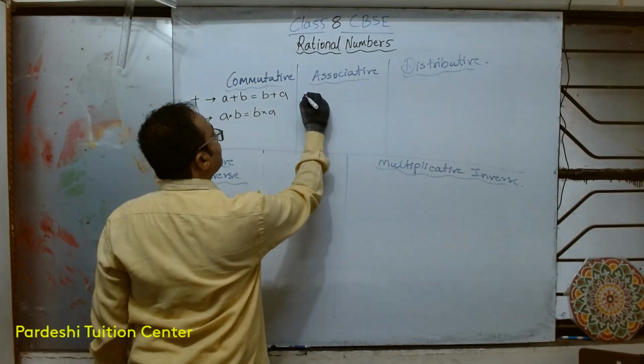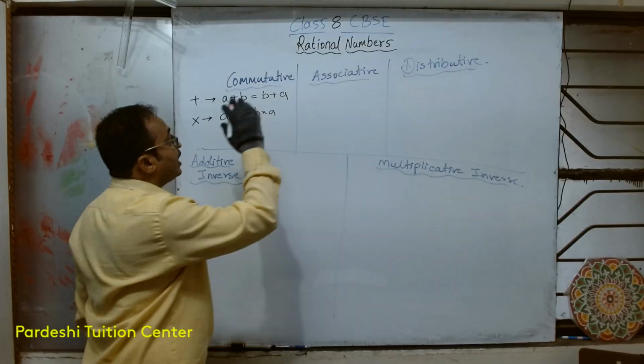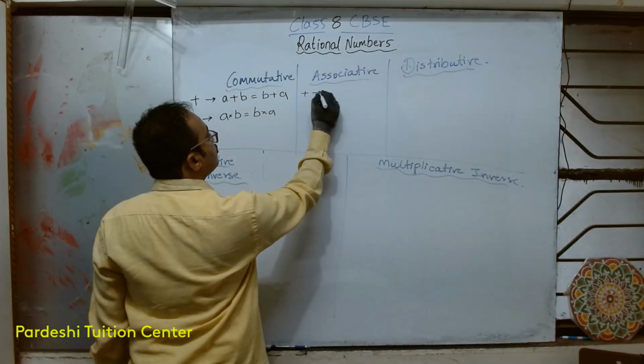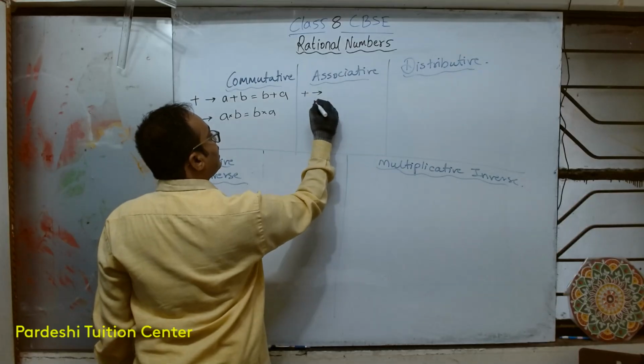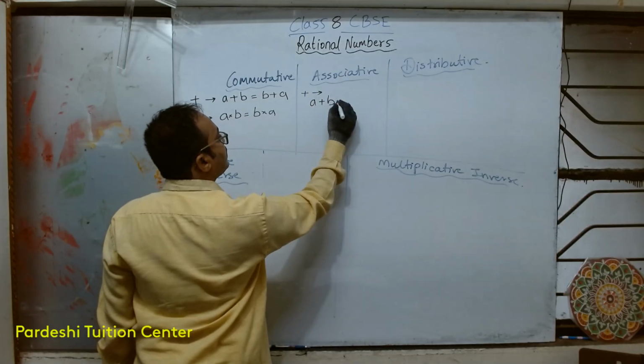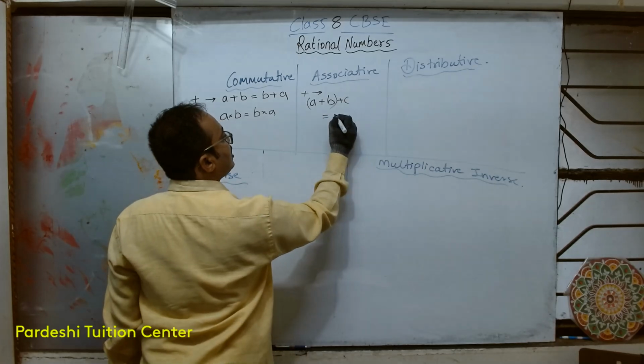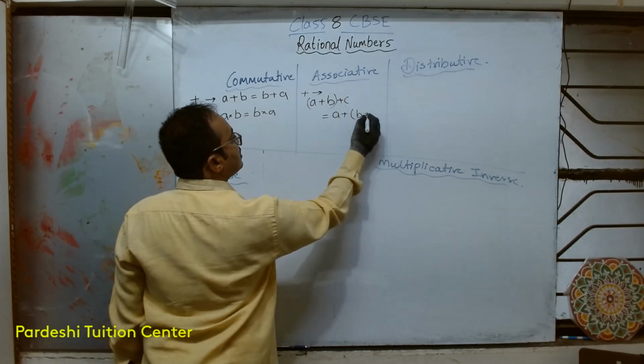Associative property is again for addition and multiplication as well. For addition, the associative property gives us that (a plus b) plus c, if we solve a plus b first, will be equal to a plus (b plus c).